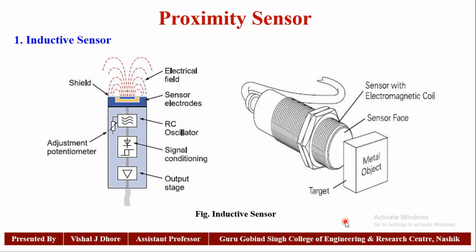When a metallic object is placed near the field, eddy currents are produced on the surface of the object. Consequently, these currents result in a loss of energy in the oscillator circuit, which in turn causes a smaller voltage of oscillation. The detector circuit recognizes a change in amplitude and generates a signal that will result in the output device being on or off. So this is about the inductive sensors.